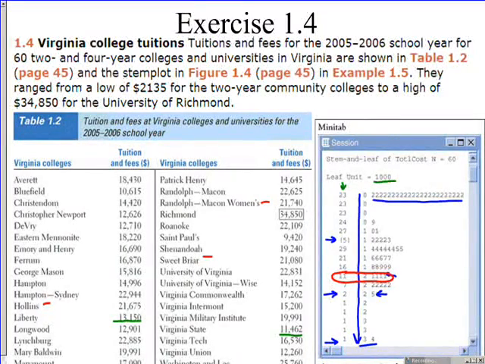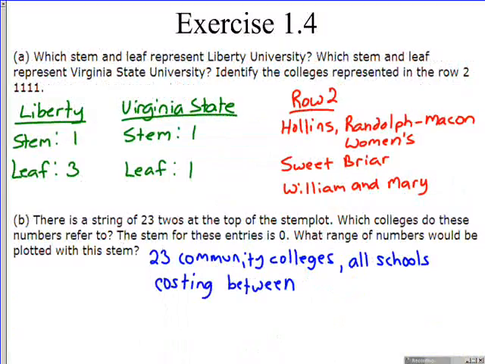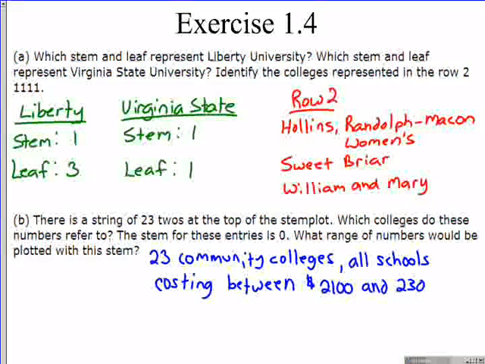So those are going to be all schools that cost between $2,100 and $2,300. So each stem we're dividing by 5, so the first stem, which isn't written there, would be all the schools that cost, I'm sorry, I wrote this wrong.